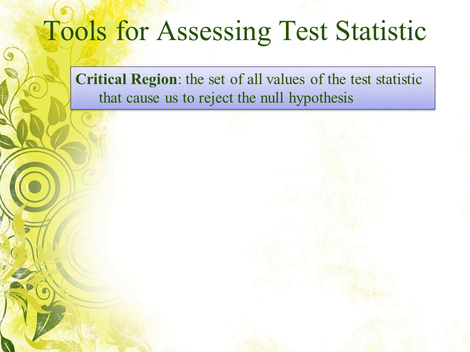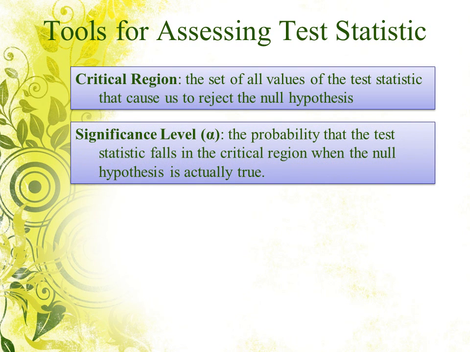A little more terminology. A critical region is the set of all values of the test statistic that would cause us to reject the null hypothesis. So these will be the extreme values of our test statistic. The significance level is the probability that the test statistic falls into the critical region when the null hypothesis is actually true.